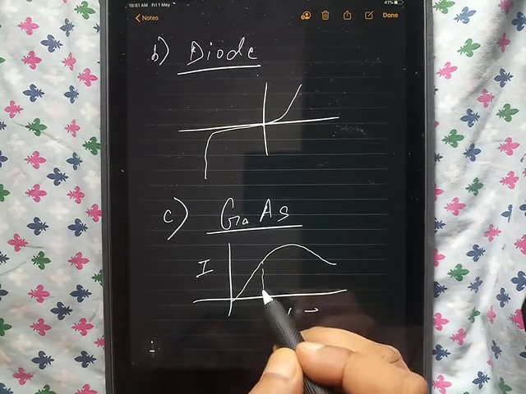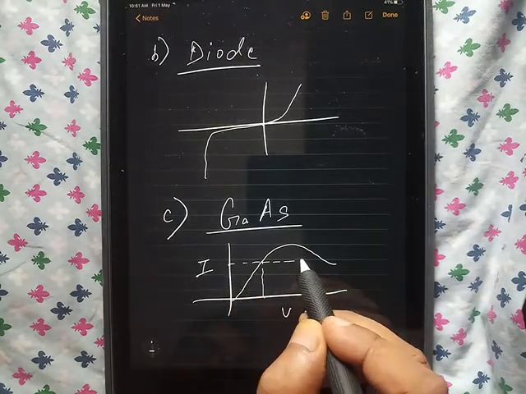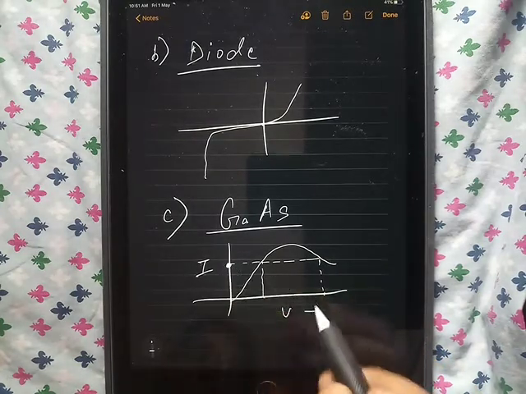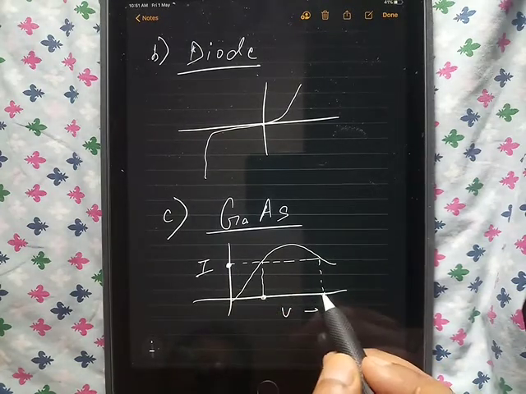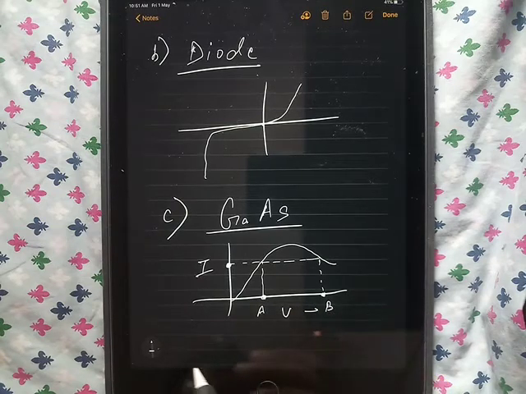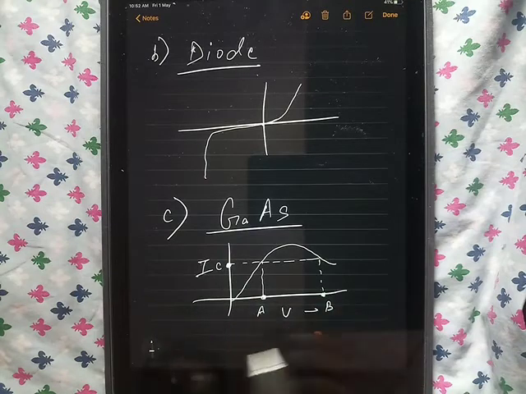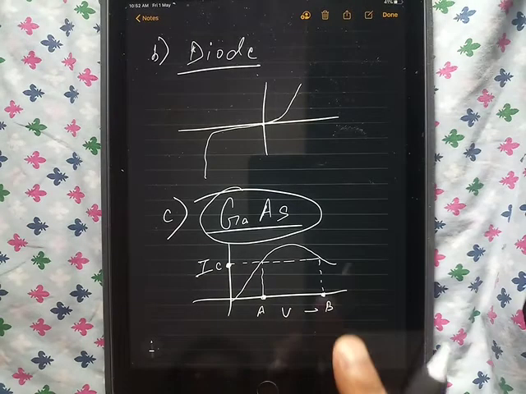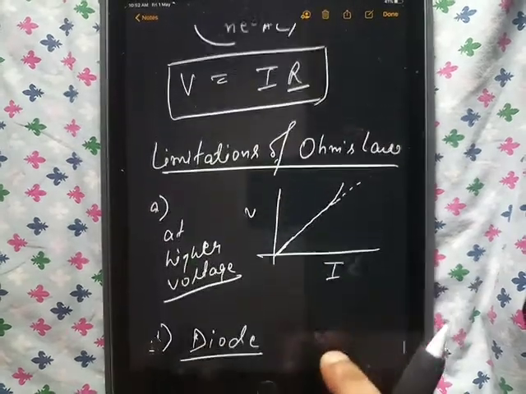So what we get is, at a particular value of current, we get two different values of voltage, A and B. So in this type of material also, Ohm's law is invalid. So these are certain limitations of Ohm's law.